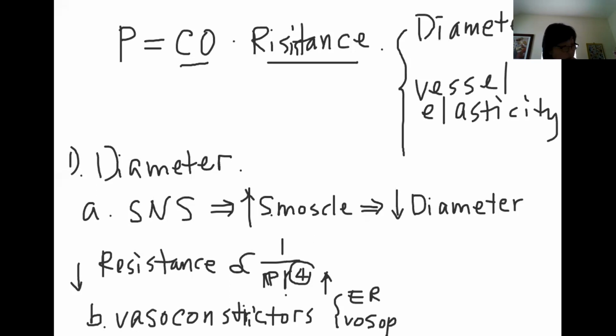It's just some chemicals. And another one is called angiotensin 2. Maybe you heard about these. These are just the chemical substances which can cause vasoconstriction. So if the vessel contracts, then the diameter will change and then the resistance will change. Okay, so the next thing, this is number two. Okay, let's continue.